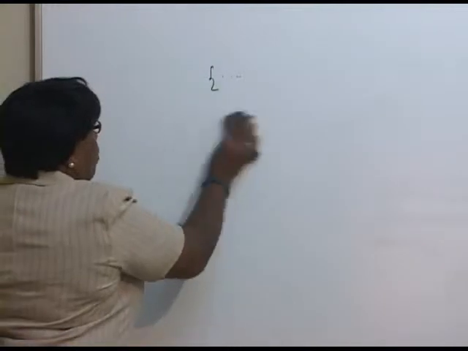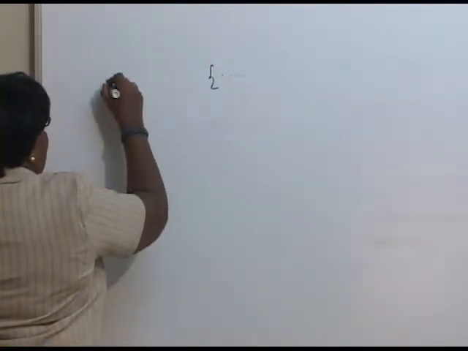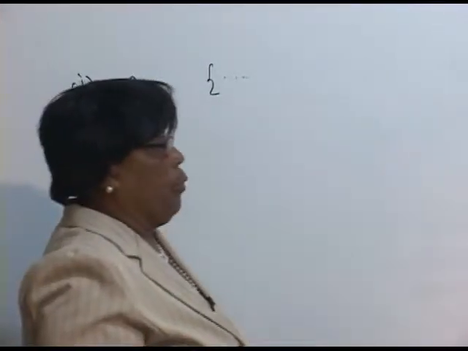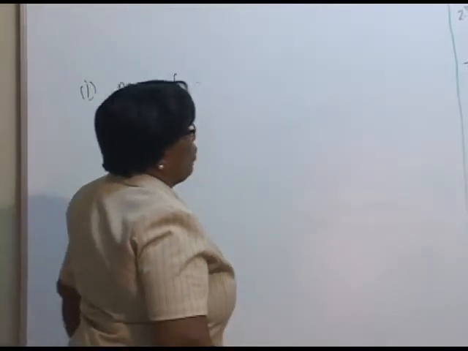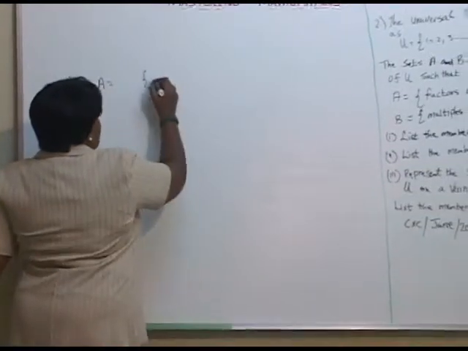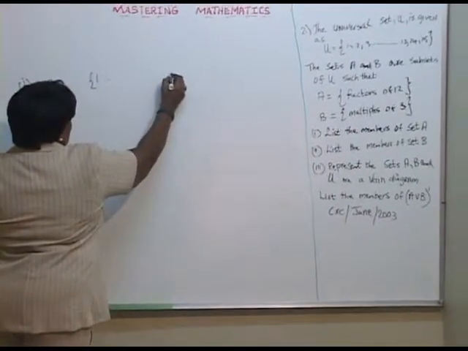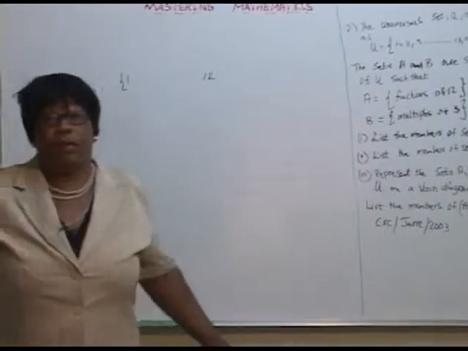Okay? So, based on what they have asked for in part 1, they have asked us to list the members of set A, the factors of 12. I say all the time, you know your first number, you know your last number, because 1 and the number itself is always a factor.